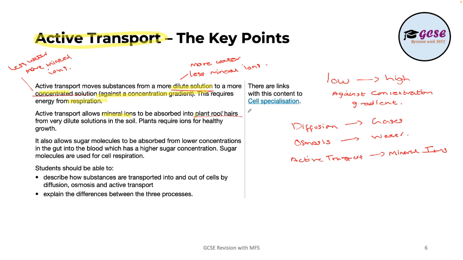Mineral ions in plant root hairs come from a very dilute solution in the soil, and they need this for growth. Here's another example: it can happen when sugar molecules are absorbed in the gut. So now you should be able to describe the difference between diffusion, osmosis, and active transport.